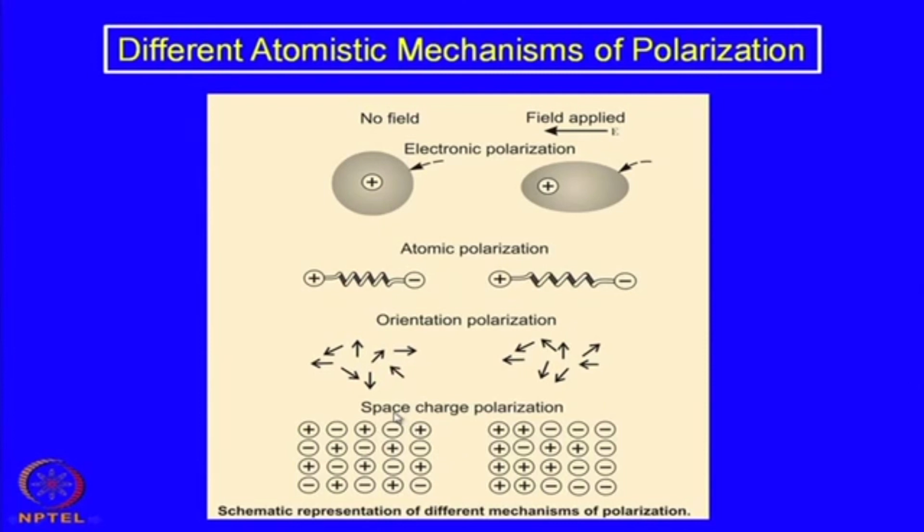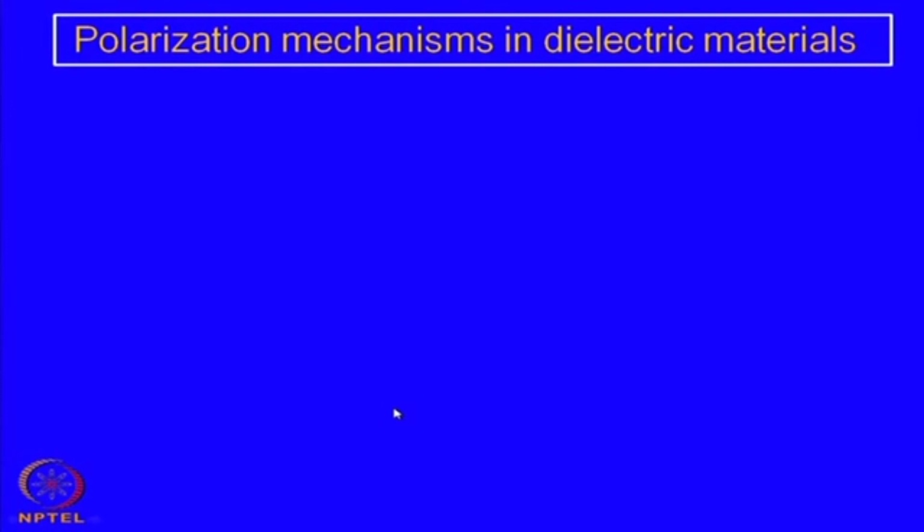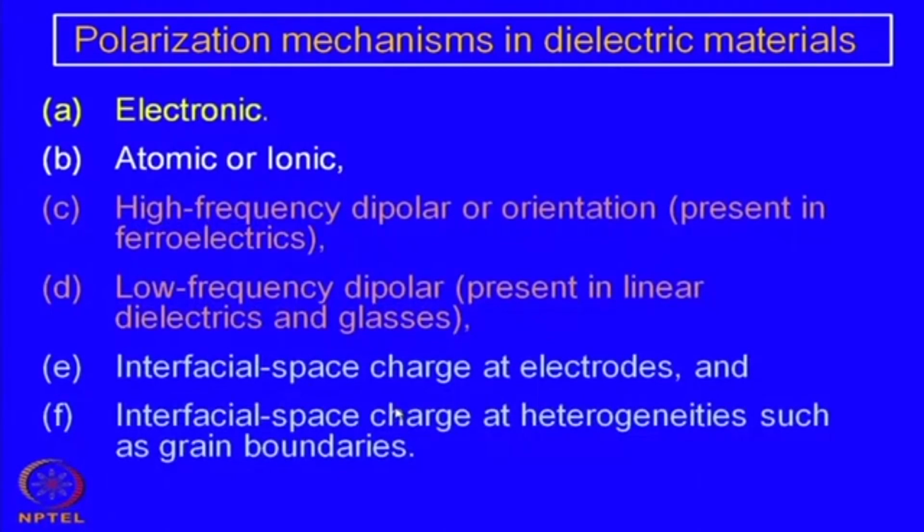In fact, in continuation with these mechanisms, these 4 have been subdivided into actually 6. Once again these are mechanisms. The electronic mechanism does not have any subclassification, and atomic or ionic also does not have any subclassification, but the other 2, orientation polarization and interfacial polarization, have 2 different subgroups.